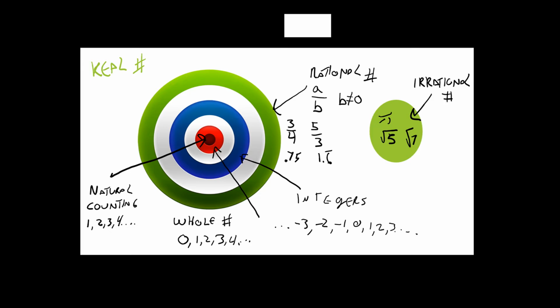When you do the square root of 5, you get a decimal that goes on forever and ever and ever. So irrational numbers are numbers that do not terminate, that do not end. That is our real number system.